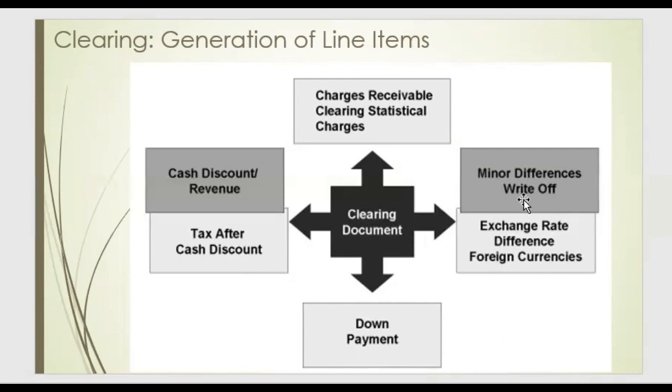Or there may be some minor difference write-off, like 0.01, 0.02. For a minor difference, we need to write that off, or we put a tolerance like that. Then exchange rate difference in foreign currencies. If somebody is paying from outside, then we need to manage all these exchange rate calculations and then do the clearance. And finally, the down payment.